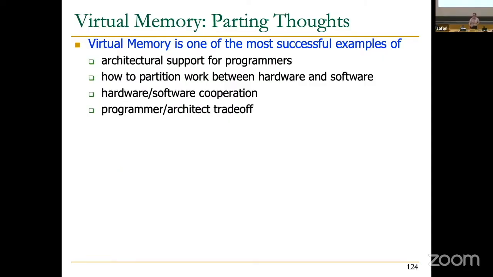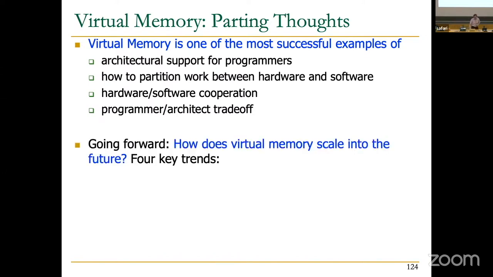The trade-off is made so well that we keep adding complexity to our systems so that programmers don't know what's going on. So in that sense, it's not a good deal for the architect, but it's a great deal for the programmer.